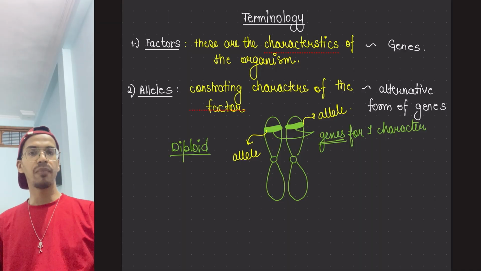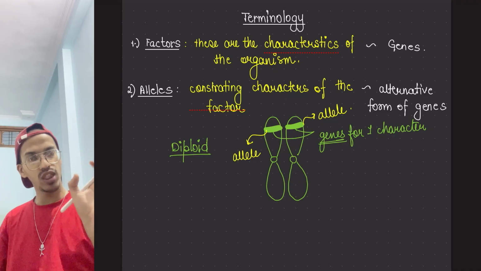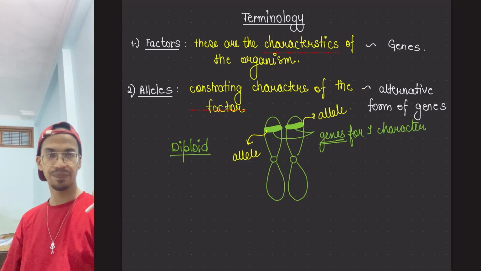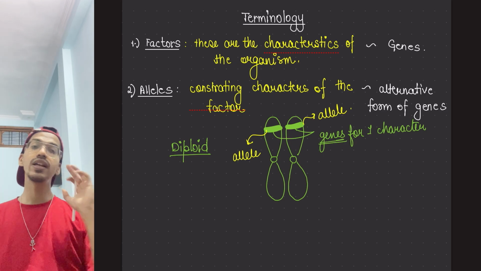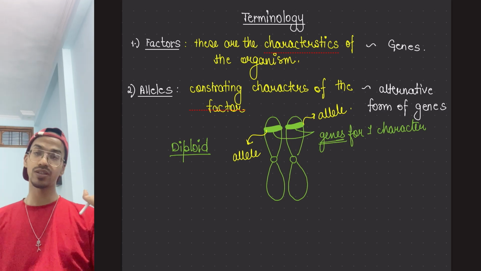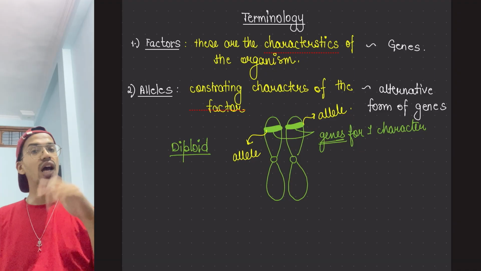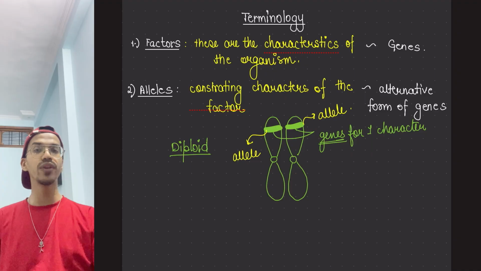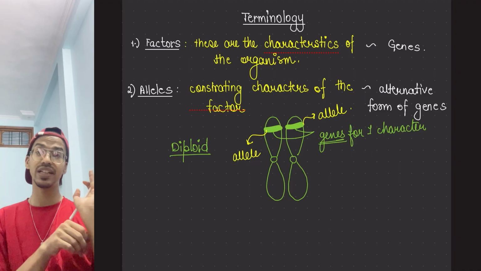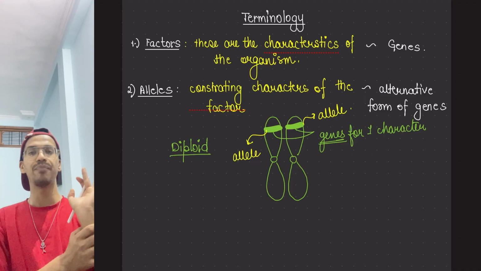My eye color is a gene, or a factor, a character. It represents a character, but further it could be of two different types, either darker color, lighter color, or anything. That is your alleles. Two different alleles are present for the eye color in my body. Let's take it as an example.